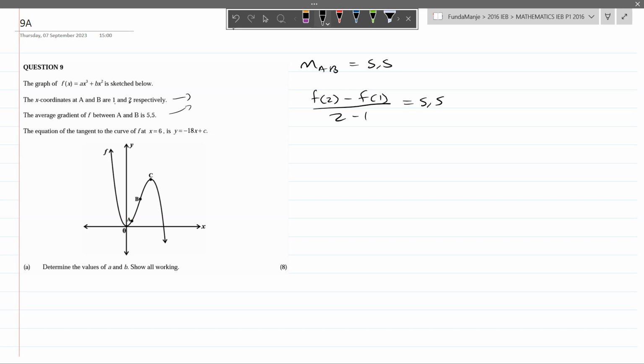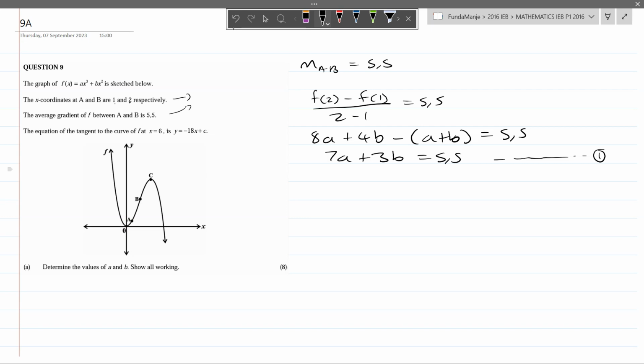Then f(2) is f with x being 2, which would be 8a plus 4b, minus, in brackets, a plus b, equals 5.5. This is coming from when x is 2 on f, and this from when x is 1. Then when we subtract these, we get 7a plus 3b equals 5.5. This will be our first equation.